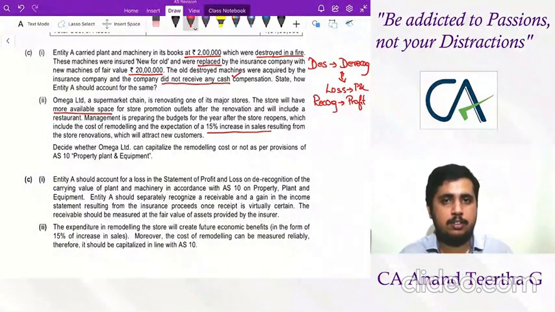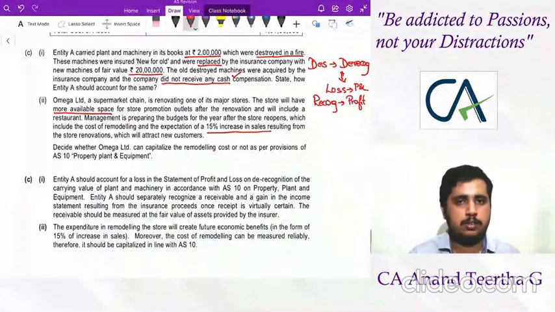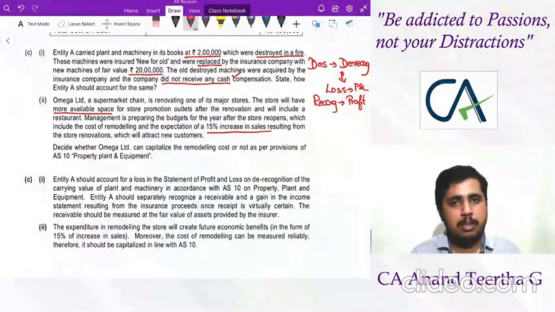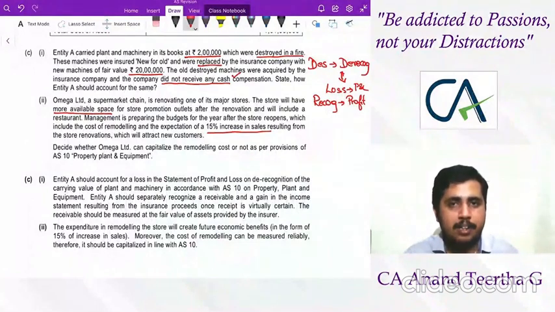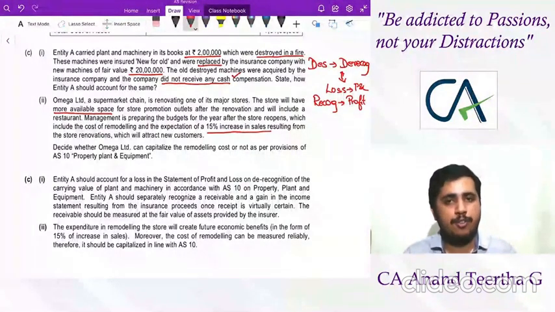Remodeling cost. So this basically means what? Remodeling cost is a subsequent cost. Subsequent cost capitalization, do we remember? What does it tell us? If the asset recognition criteria are met, capitalize it. Otherwise, no. What is the asset recognition criteria? Future economic benefit should flow to the enterprise. Cost should be reliably measured.